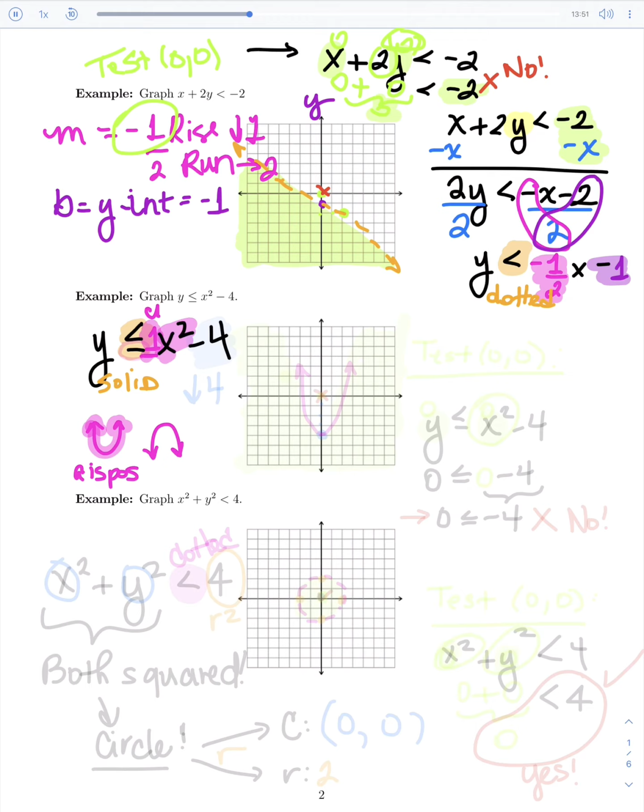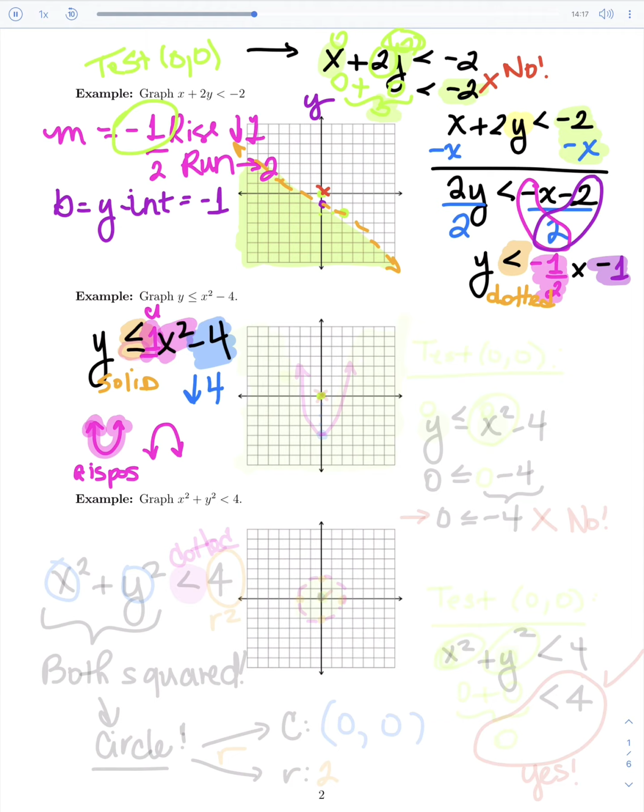Now, we also learned in that same chapter that this minus 4 will do something. Because it's not inside of parentheses, it's on the outside of the function, which means it's going to tell you whether you're shifting your parabola up or down. The minus 4 tells you that you're shifting your parabola down 4 from where it normally is. It normally starts here at the origin.